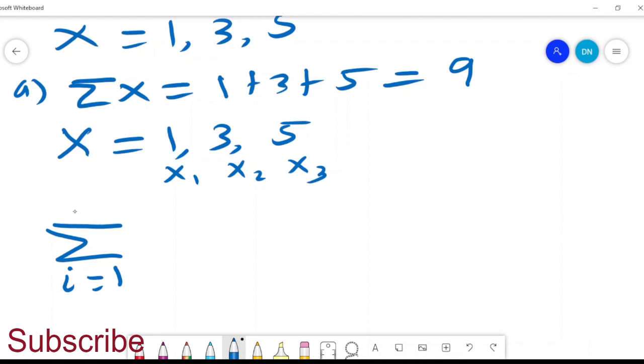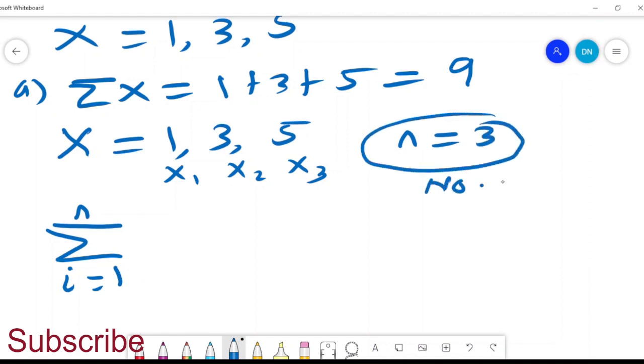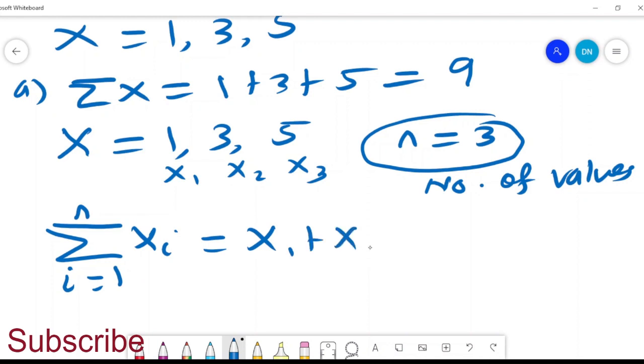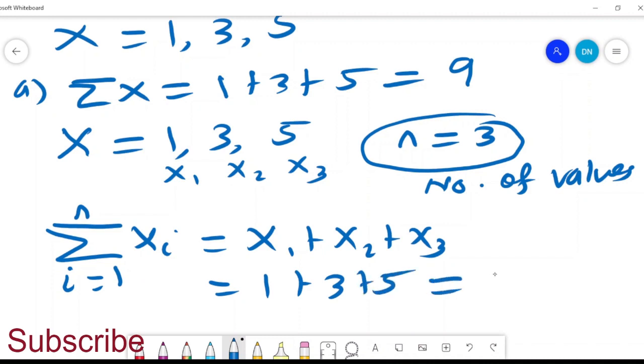Because there are 3 of them, I can say i goes up to n, where n is the number of values. N is equal to 3, and this is the number of values. There are 3 of them. So the sum of xi will be x1 plus x2 plus x3, which is the same as 1 plus 3 plus 5 is equal to 9.